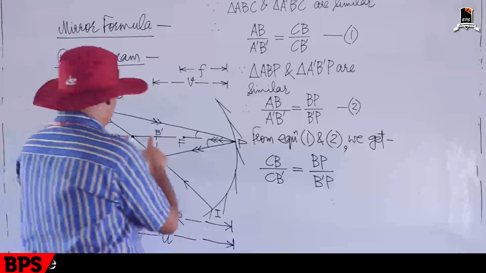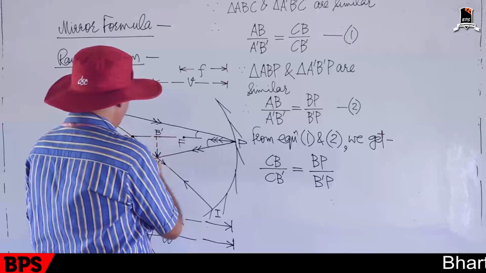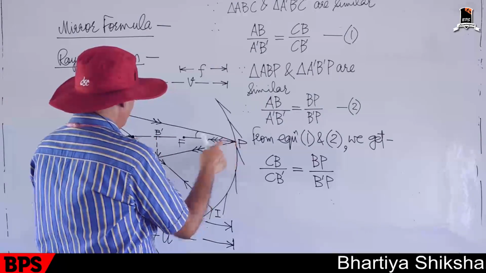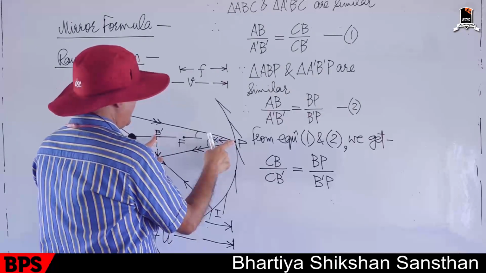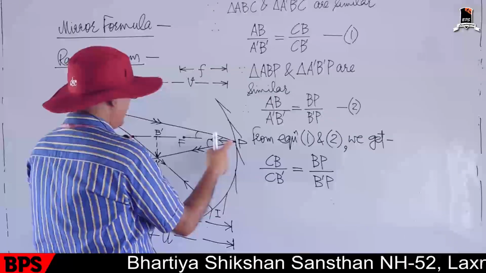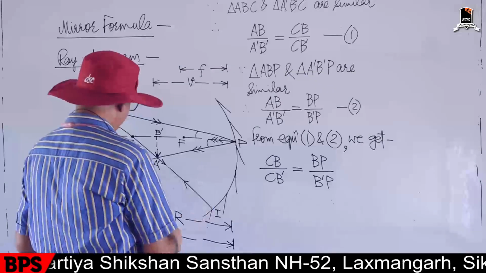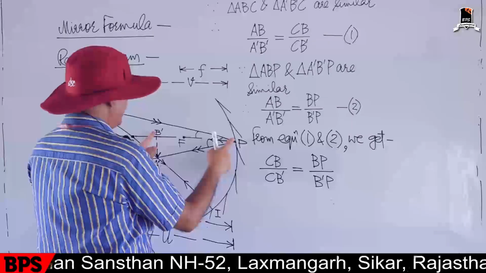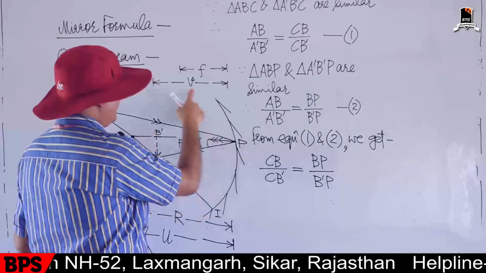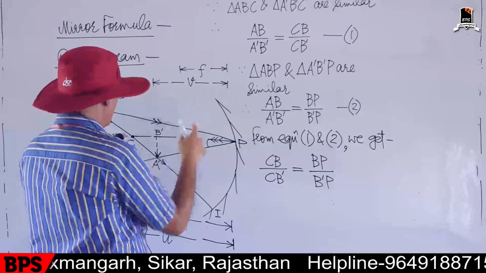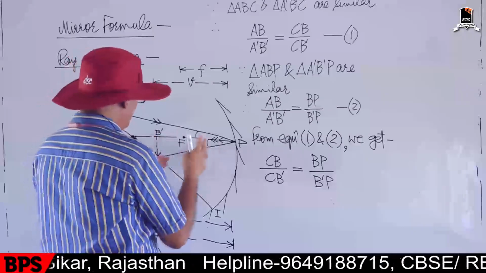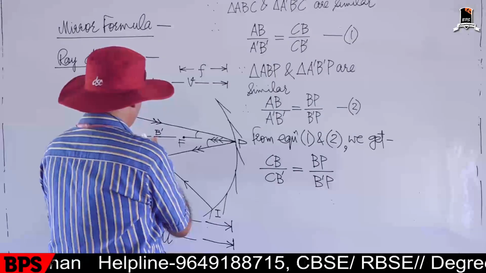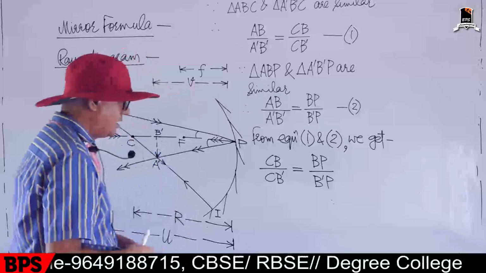We may write CB dash as CP minus B dash P. CP is R and B dash P is V, so when you deduce these two lengths, you will get the CB dash distance.